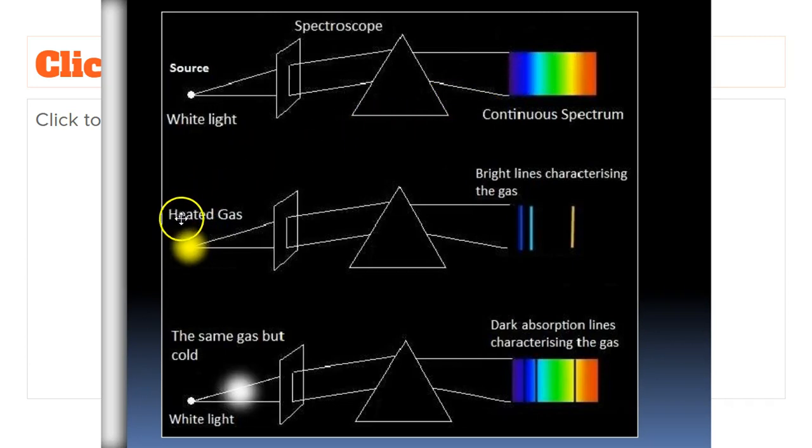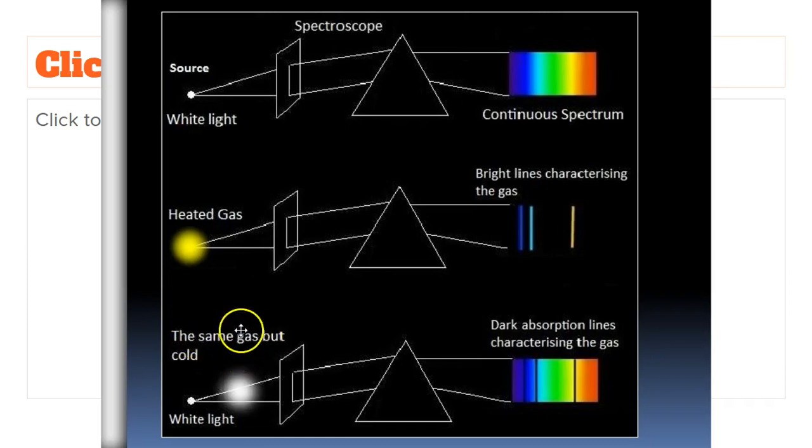If you are looking at a heated gas, and many of the gases that we use in class will be specific gases like neon or krypton or helium or hydrogen, and they are energized with the use of electricity, and they will be emitting light. When they emit light, you will view it and you will find specific bright lines that are the unique fingerprint of that gas. And you will be asked to record these down in your lab notebook.